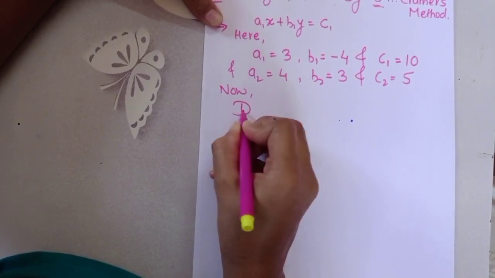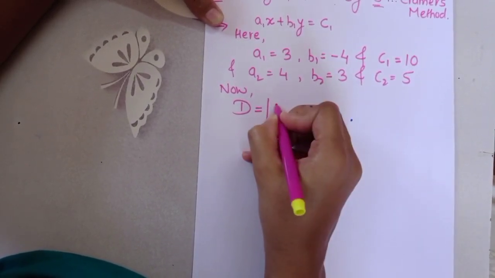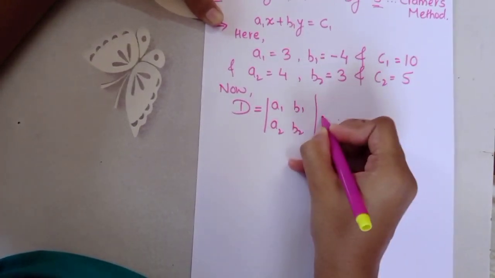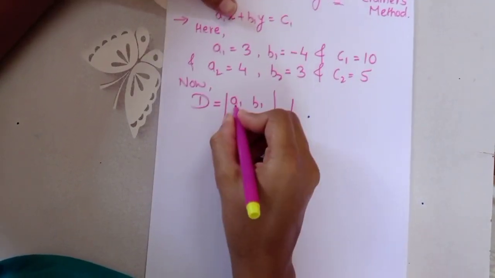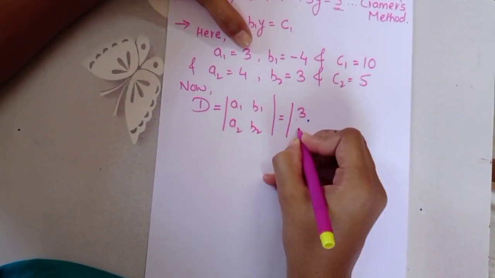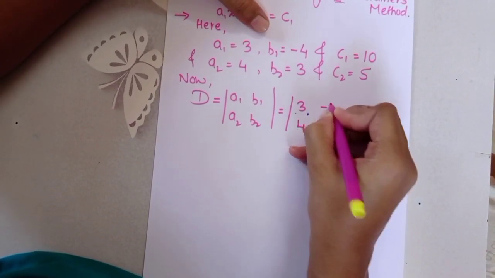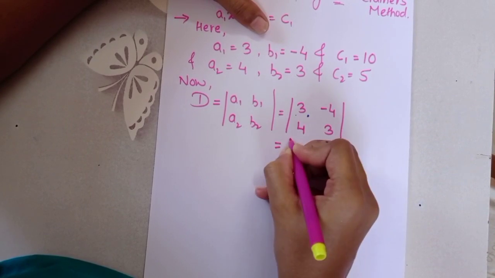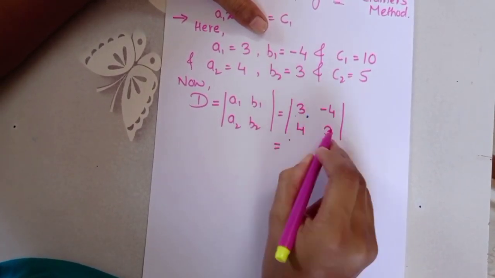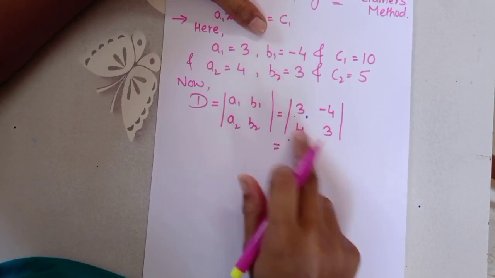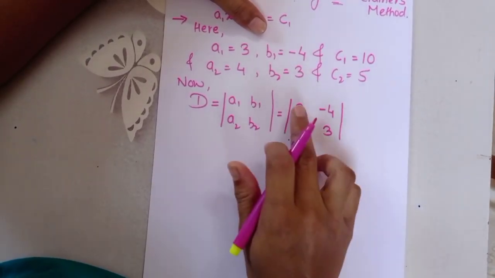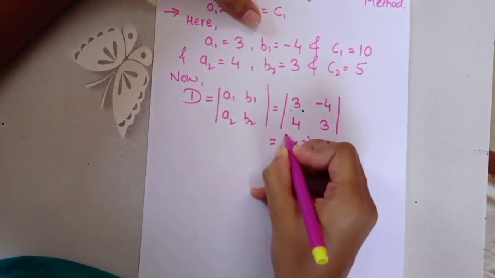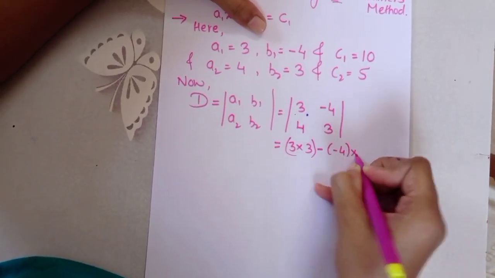Now, we know determinant D will be equal to a1, a2, b1, b2, which will be equal to, what is the value of a1? It is 3, a2 is 4, b1 is -4 and b2 is 3, which will be equal to, we know how to find the value of this determinant. 3 into 3 minus -4 into 4.